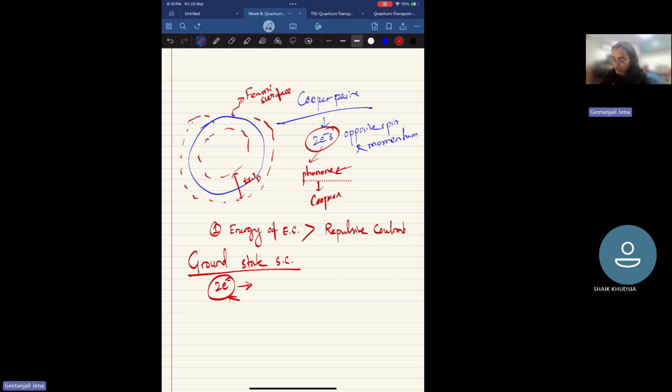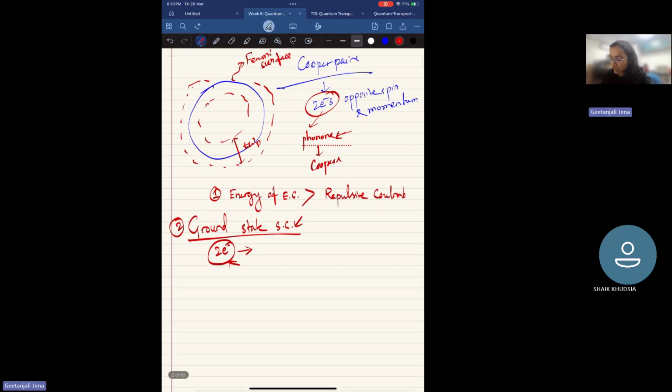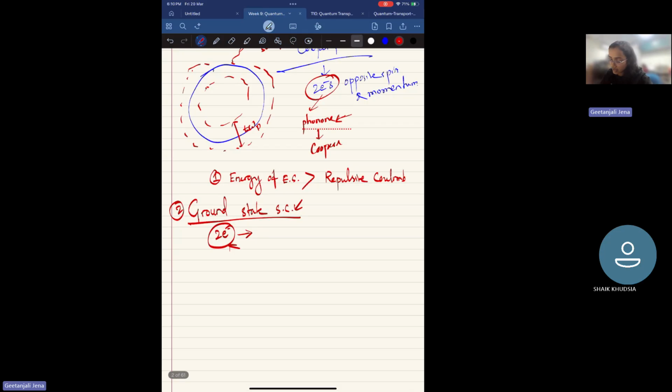And the energy of this ground state of the superconductor is normally lower than the normal state energy. So they are much lower in energy as compared to the normal state energy. So this is another key conclusion that the BCS theory says.